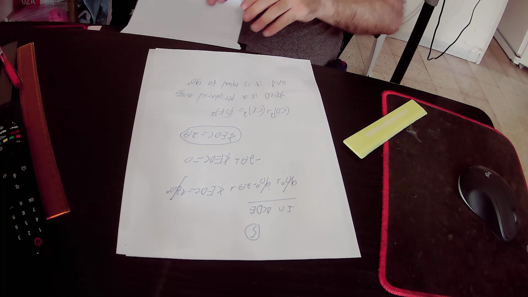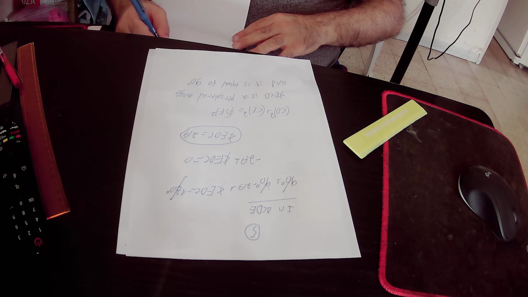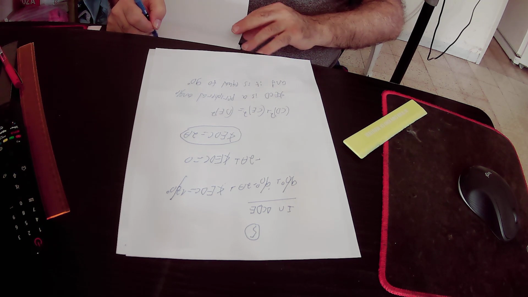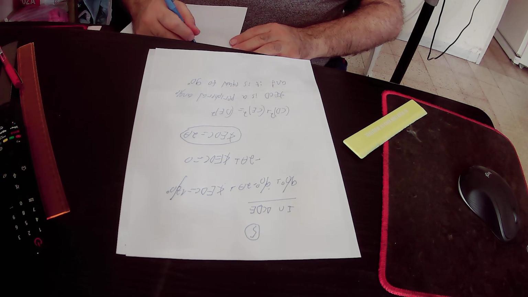The rule states that any peripheral angle that equals 90 degrees must rest on the diameter of the circle.